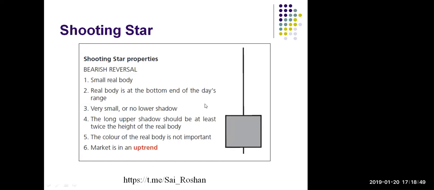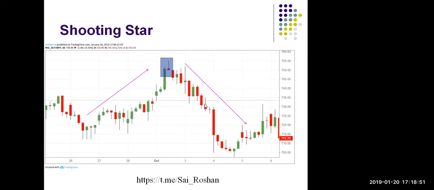Okay, let us see. This is an Infosys hourly chart. You can see that the market is uptrending. It moved from 712 to almost 750. It's an hourly chart, and you can find a shooting star over there. Now, all the points that we have mentioned, please cross check.